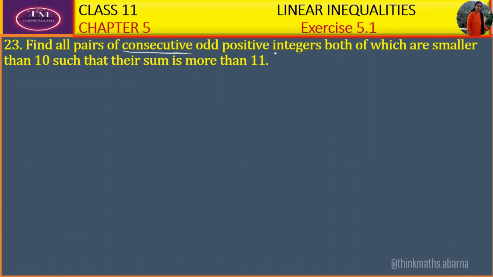Odd positive numbers are 1, 3, 5, 7, 9, 11, etc. All are added by 2. 3 plus 2 is 5.